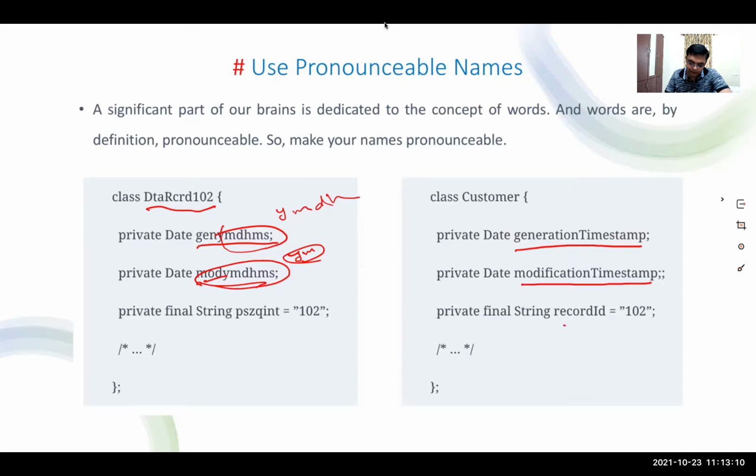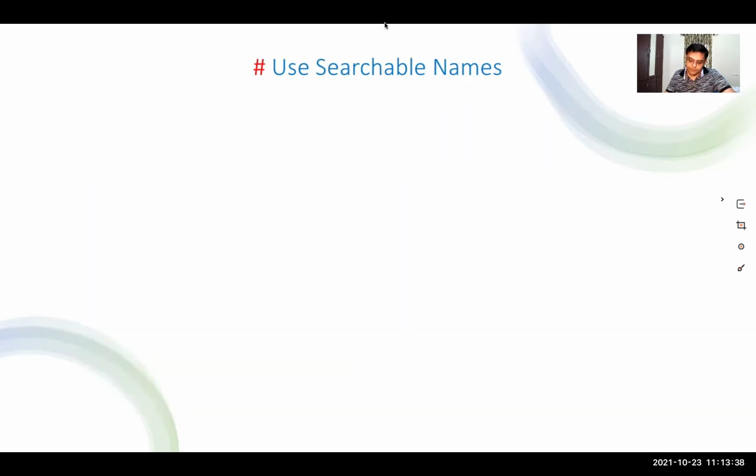Okay, so instead of this data record, I give it a pronounceable name like customer. Clear? So this is the way you have to write your programs, which is generally pronounceable. Make sure that whatever names you give are pronounceable.